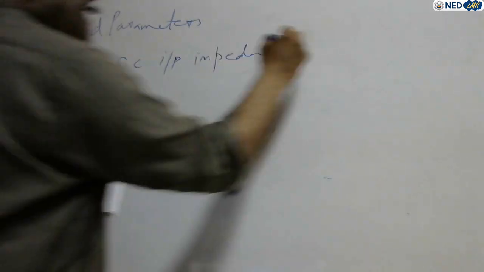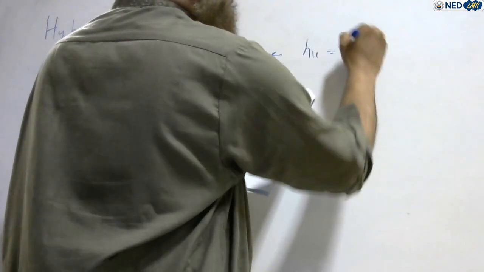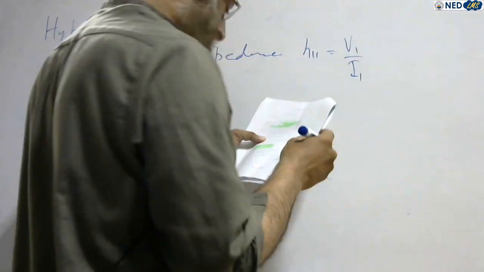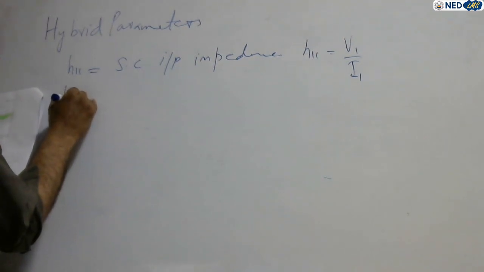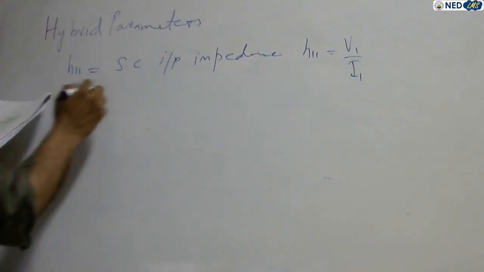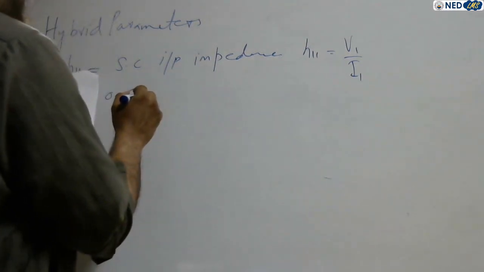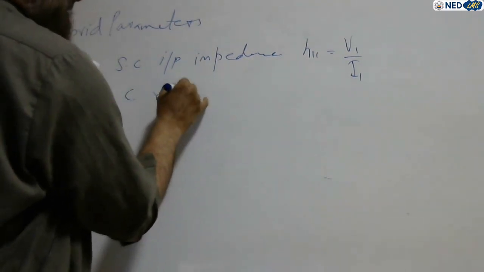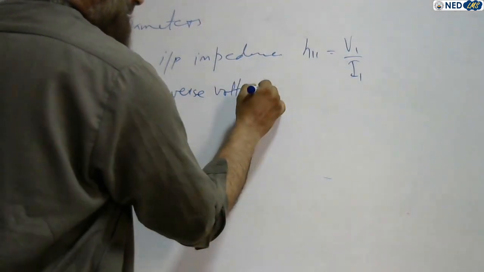Remember, H11 was the ratio of voltage over current. What is H12, the second hybrid parameter? It is the open circuit reverse voltage gain.